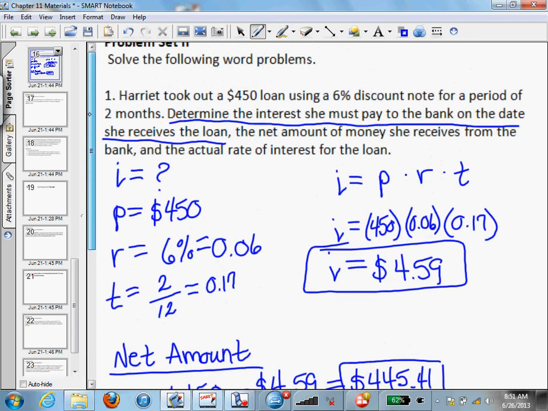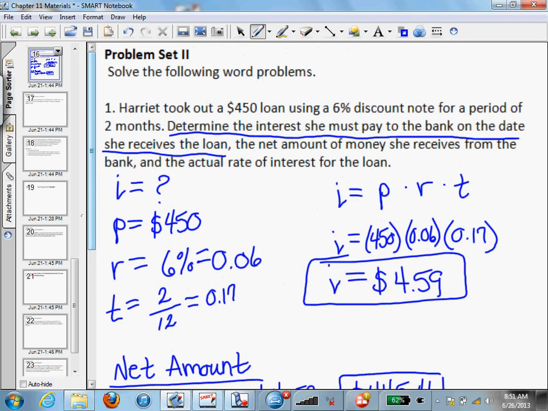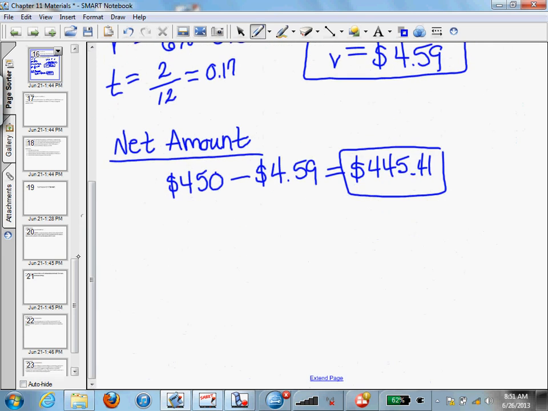Okay, and now we're actually looking for the actual rate of interest for the loan. Because she used a discount, we had to find out the original amount. So actual rate.